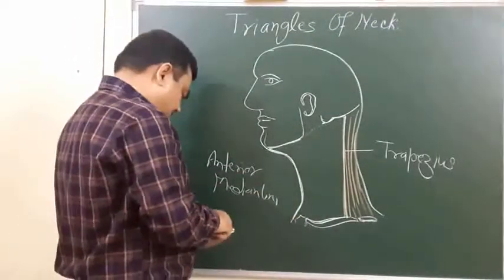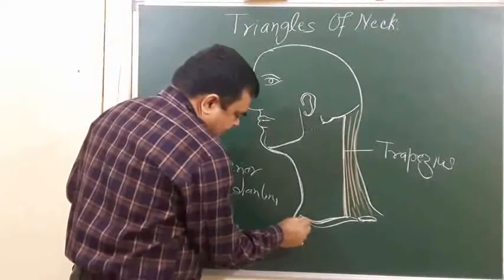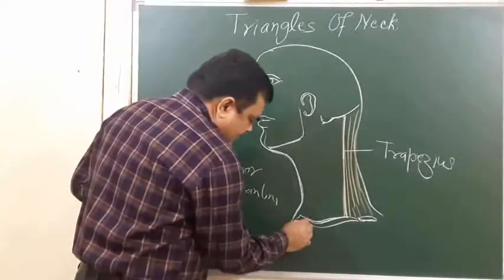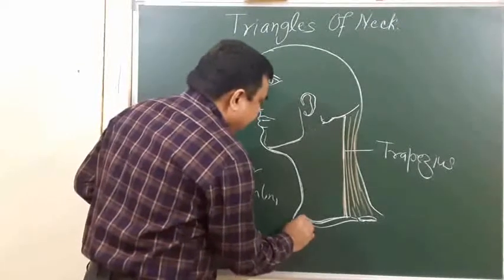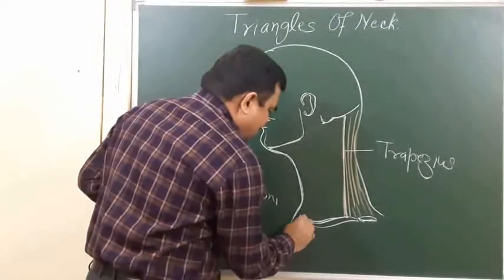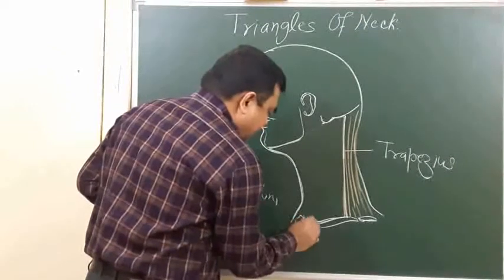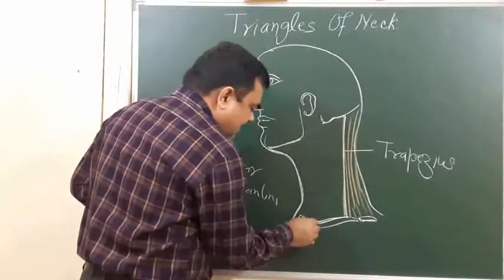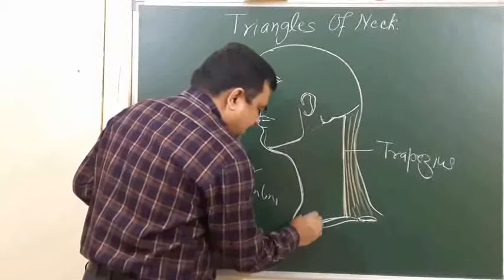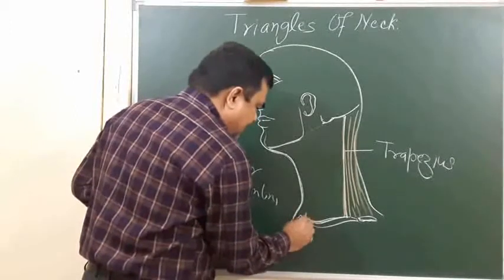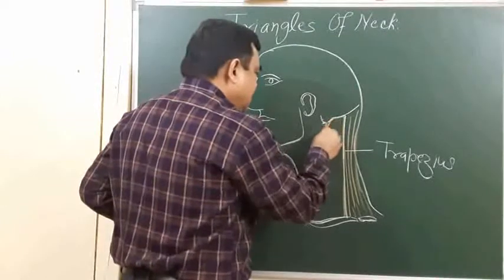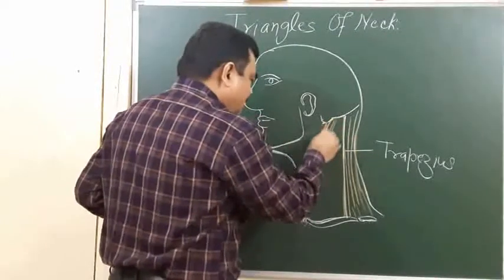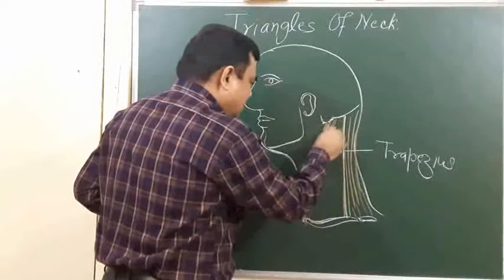Here is a muscle which arises from the manubrium sterni, which has two heads. This is the tendinous head. Another head is musculotendinous, which arises from the clavicle. This muscle is the sternocleidomastoid muscle.